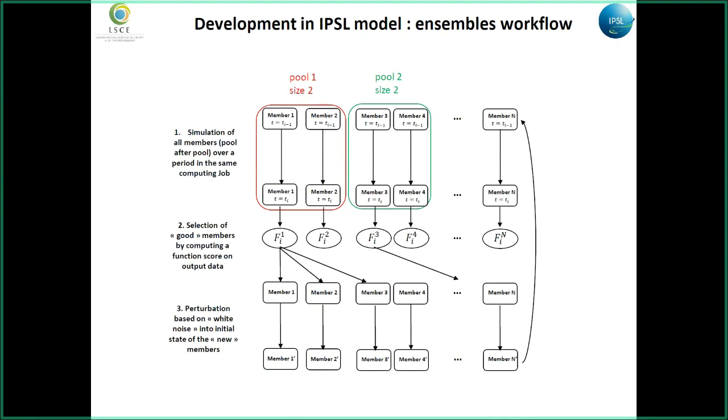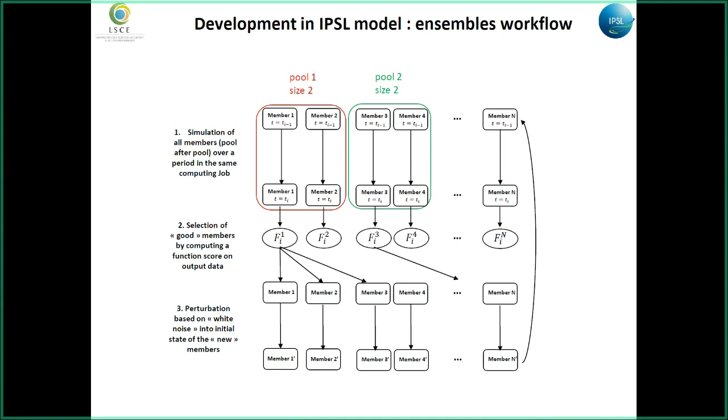In order to summarize, this is an overview of the final ensemble workflow with 3 steps. The first one is the simulation of all members, pool after pool, over a period in the same computing job. Then, the second step is the selection of good members by computing a score function on output data.